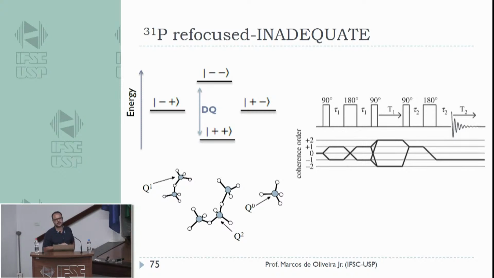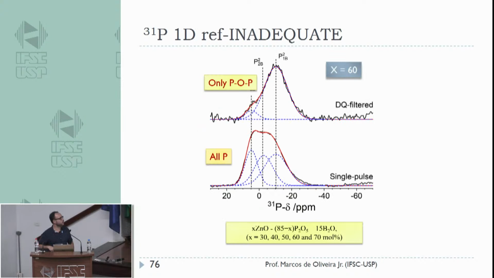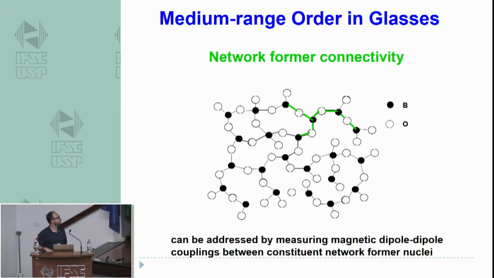If you cannot create this, it means that the phosphorus are far apart, and then you don't have a signal. And then you can filter your phosphorus spectrum, for example. Then you can look at the spectrum with only P-O-P linkages, compare it with the spectrum where all phosphorus are contributing to the line shape, and then you can get more information about the components of these complex line shapes.